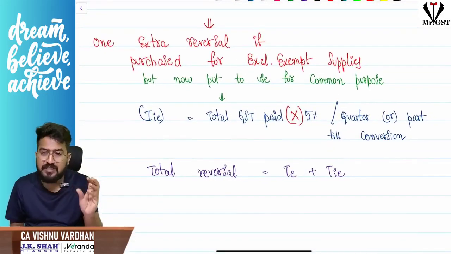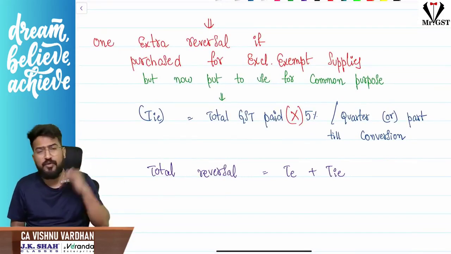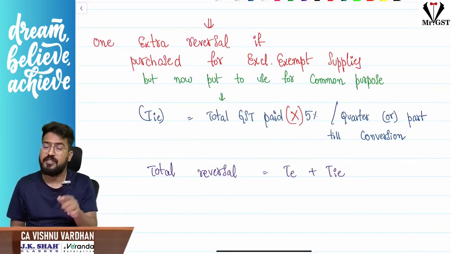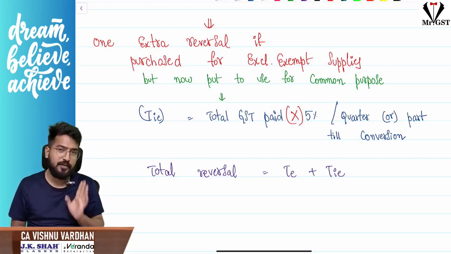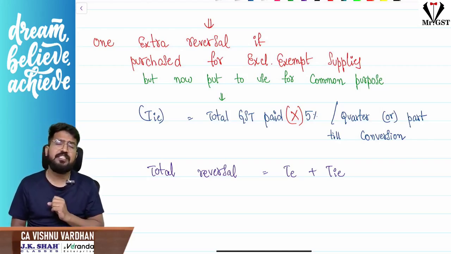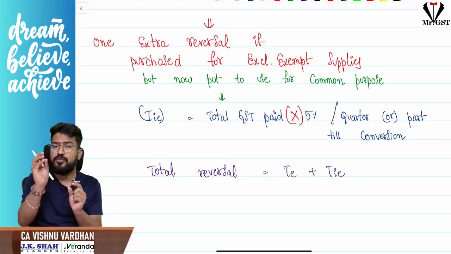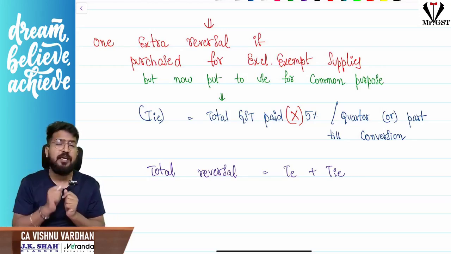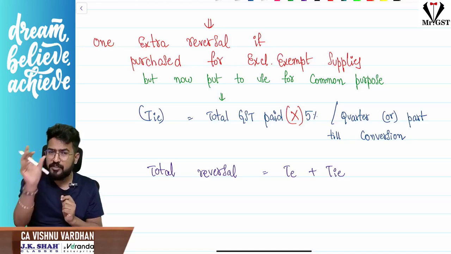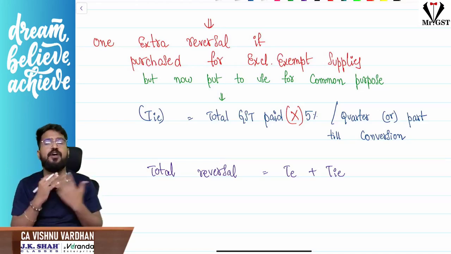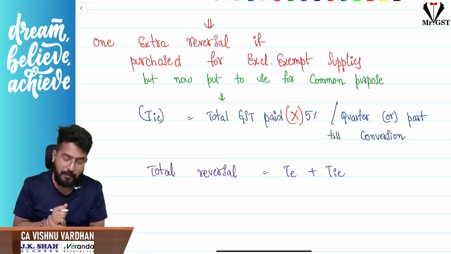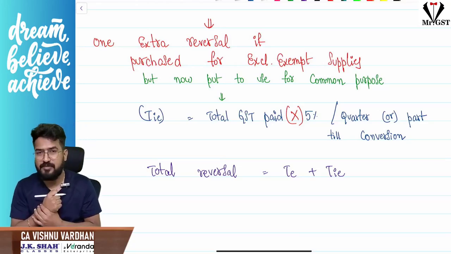The total GST paid earlier was 1 lakh, and now you have taken full ITC this month, because in the first point I taught you, first take full ITC, then we will do the reversal, correct? So you have taken the full GST paid as ITC, but there is a portion of it during which you used that capital good exclusively for exempt supplies. You should see how many quarters or part thereof you used that capital good exclusively for exempt supplies.